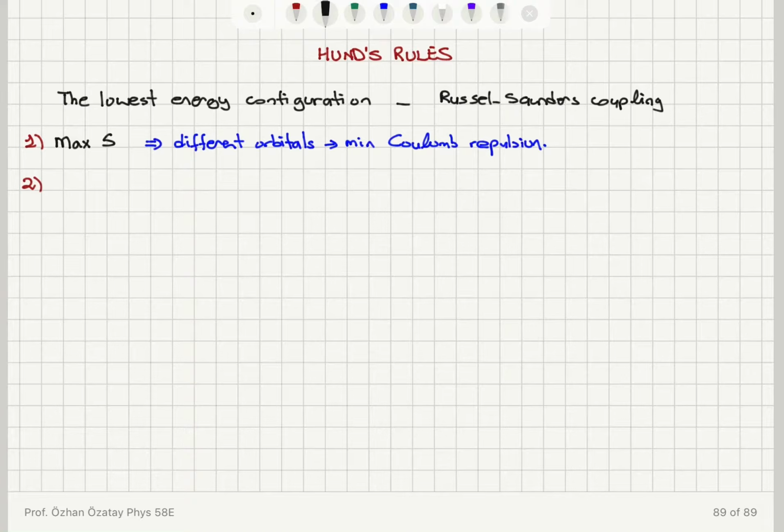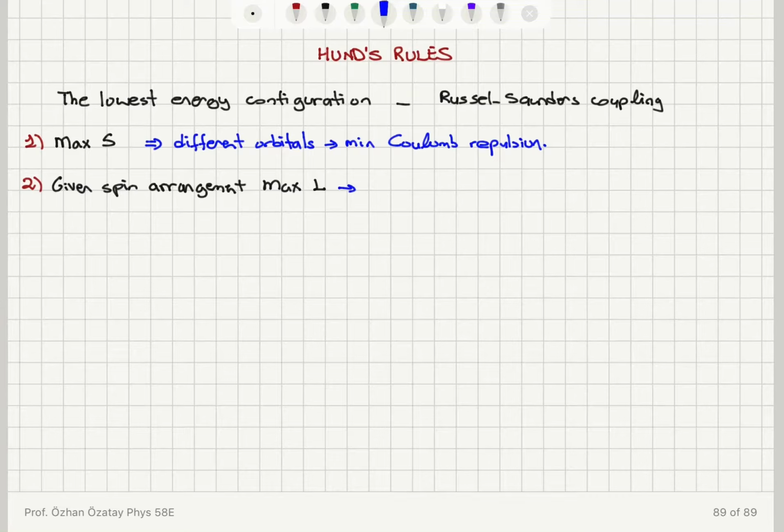So, given a spin arrangement, we're looking for maximum capital L, and the reason behind this is when you have electrons orbiting in the same direction, they meet less often, and that also minimizes Coulomb repulsion.